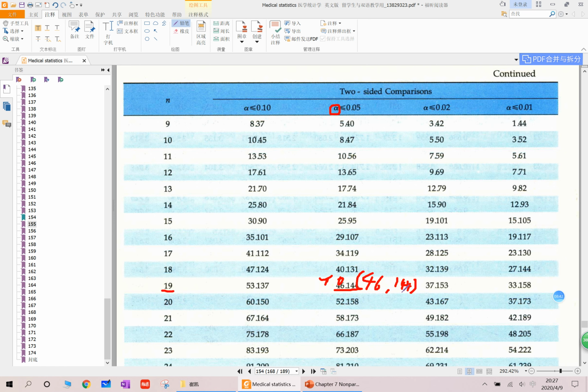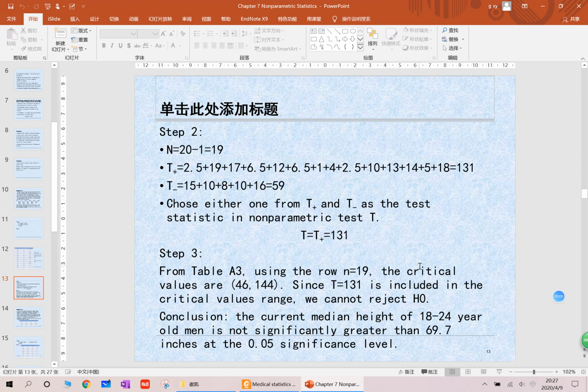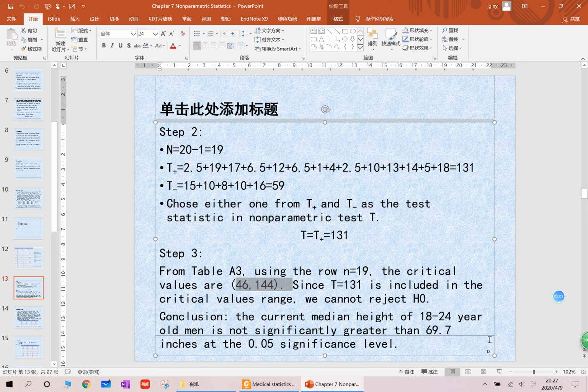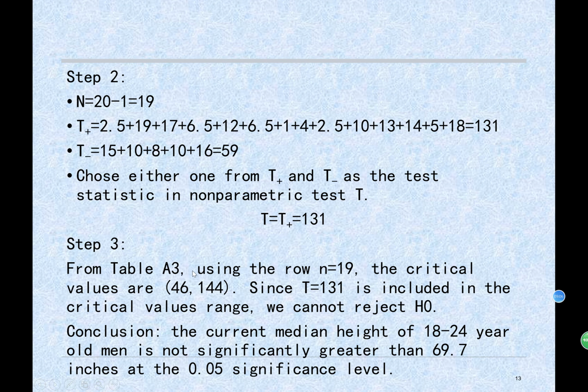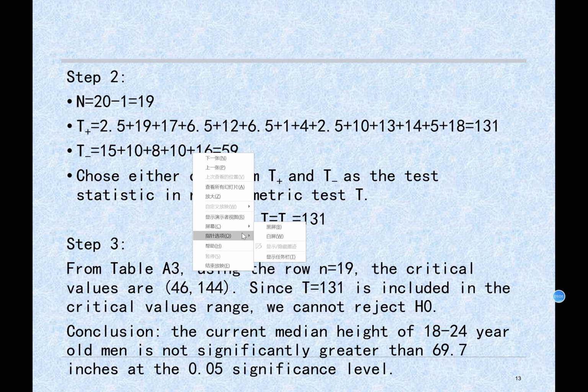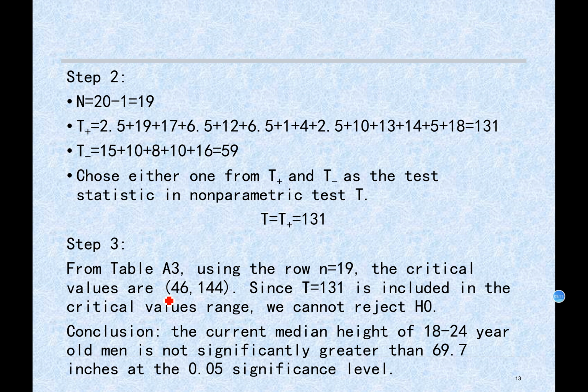So what's the meaning of this range? How can we identify the p-value based on the range? Let's go back to our PPT. Here we have found that this is the critical range we get from table A3. So here we need to compare the test statistic with the range.